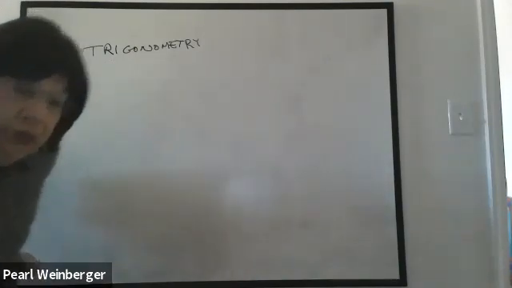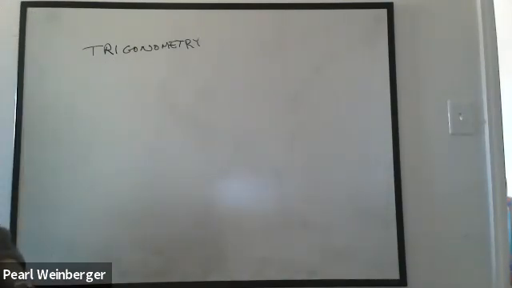Now, what we're going to do in trigonometry, again, is very minimal. We're going to look at the basics. Anybody going on to pre-calculus will spend most of the term doing a lot of different trigonometry topics. We're just going to be doing the basic definitions of the things that we use in trigonometry.